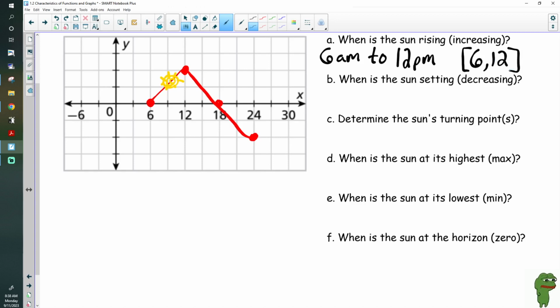Okay, when is it setting or decreasing? Yep, 12 p.m. to 12 a.m. In the math world, we would say from when to when? 12 to 24.